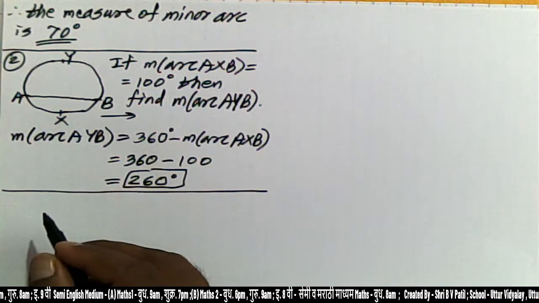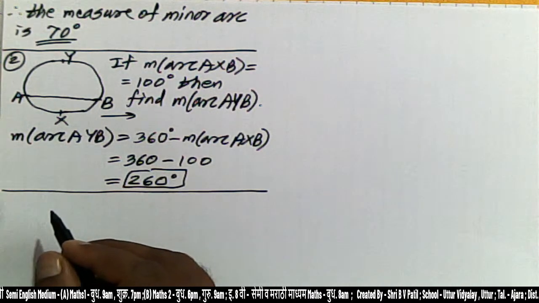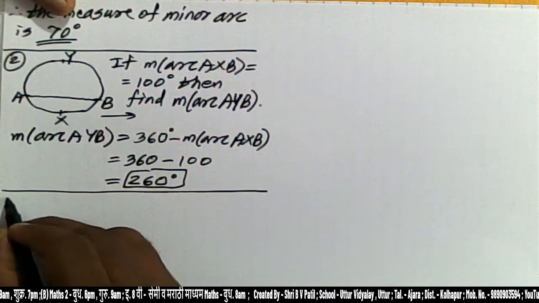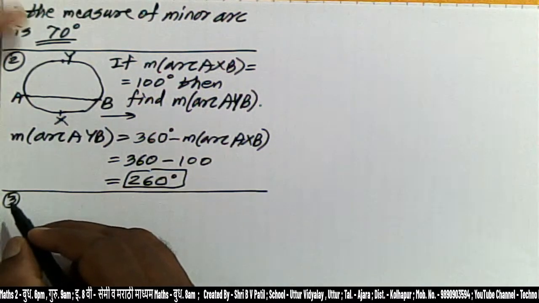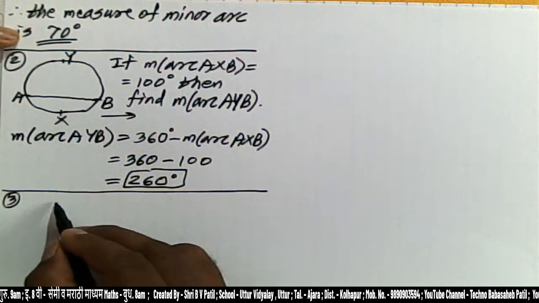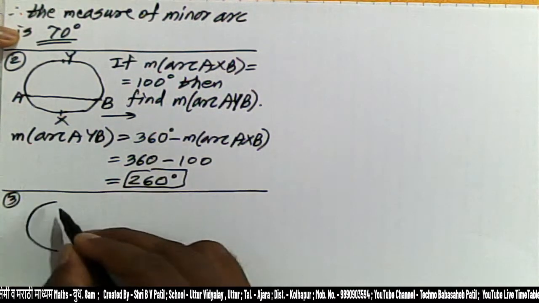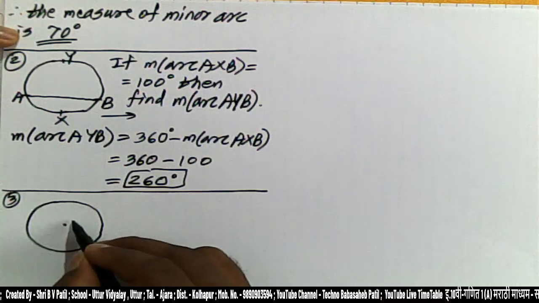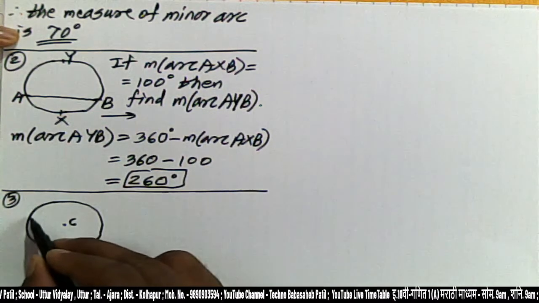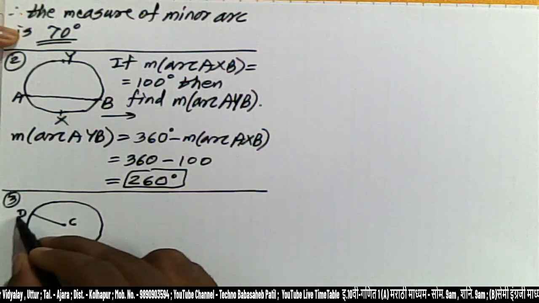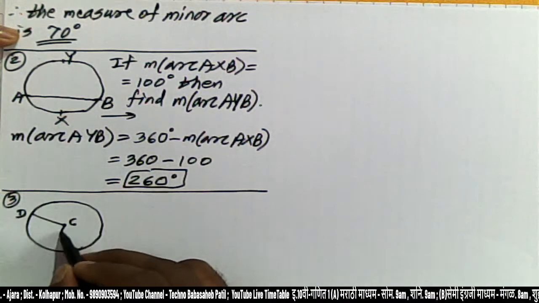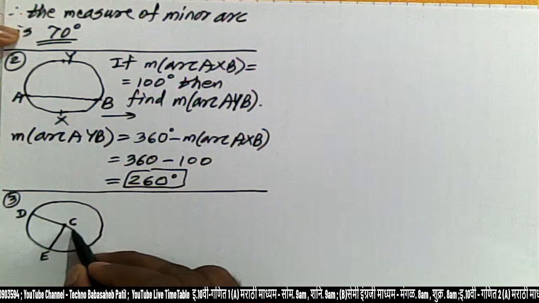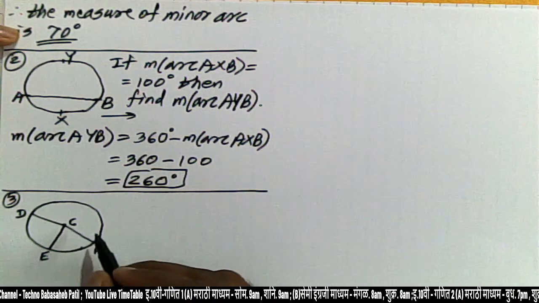Then the next example we discuss here. A circle is given. C is the center. DC is a radius, CE is a radius, and CF is also a radius.